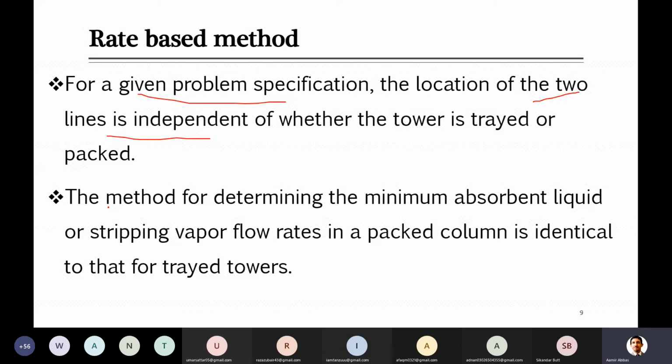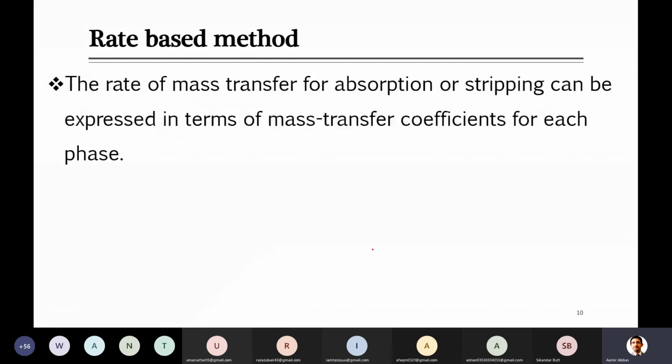Those are the only things involved in that equation. That equation did not say anything about packed or tray tower. Those equations are valid when you design these packed towers. So you can calculate the minimum absorbent flow rate or even the stripping vapor flow rate with the help of the same equations which were already discussed.